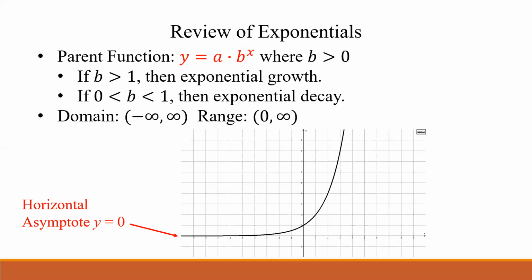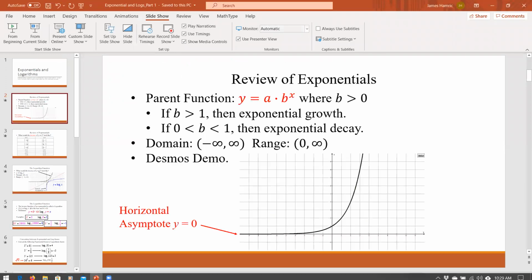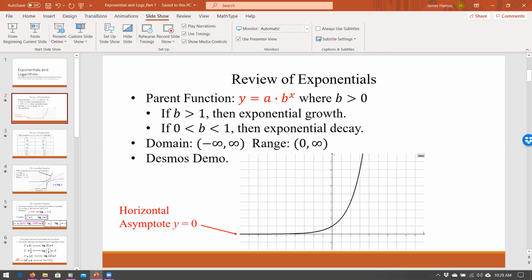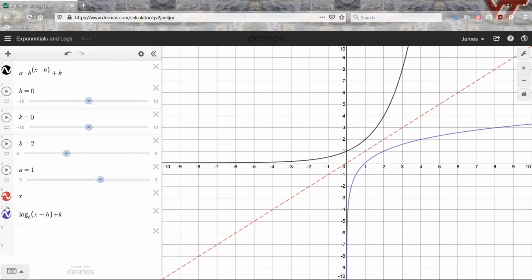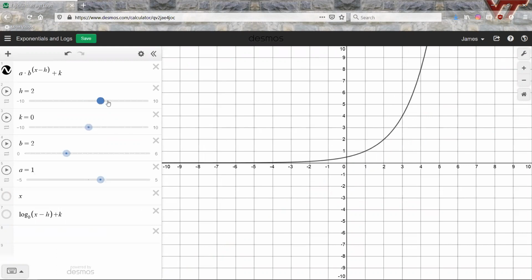I do have a quick little Desmos demo that I want to show you about that graph. Here is the graph of b to the x, and you can see we did the transformation where you can slide it left and right, and we can slide it up and down also.